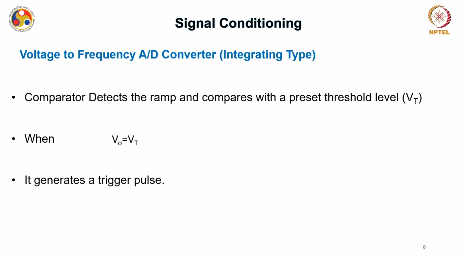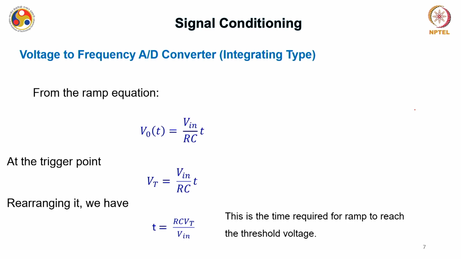Now the comparator detects the ramp and compares it with a preset threshold level. Let me call this preset threshold level Vt. When V naught is equal to Vt, it generates a trigger pulse. So it keeps on comparing the output with the threshold level Vt, and once the output matches the threshold level Vt, it generates a trigger pulse. From the ramp equation, which I call equation 1, we have seen that V naught is equal to V in by RC into t.